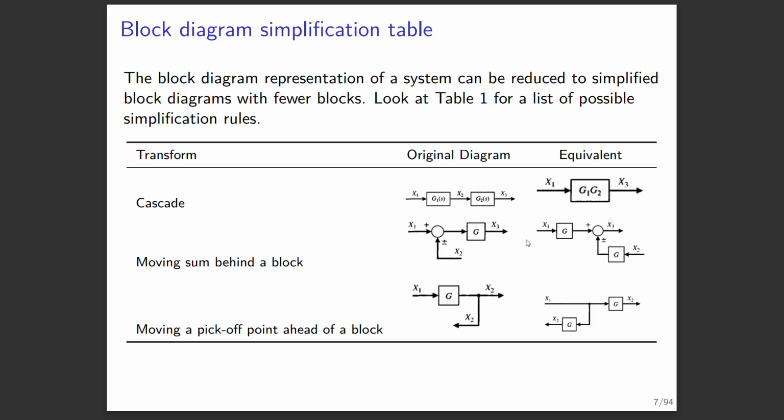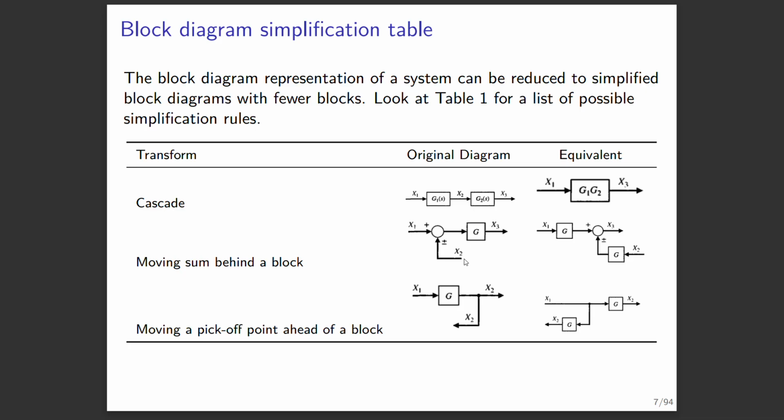Well, if I do that, I need to have block G appear here too. One way of thinking about it to create these equivalent forms is to start from a point, let's say x1, and go to a destination, let's say x3, and try to remember what you see on your way. If I go from x1 to x3, the only block I see on my way is G.